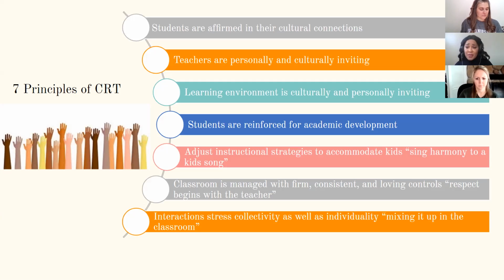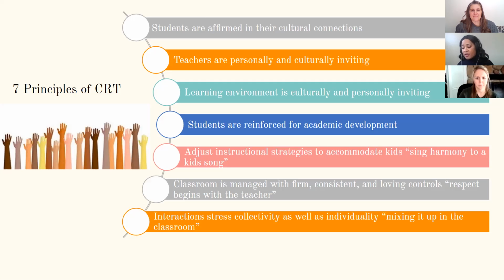3, the learning environment is culturally and personally inviting. So school looks like me, diversity is here, it's honored. 4, students are reinforced for academic development. So we're catching kids being smart, and adjusting instructional strategies to accommodate kids, like singing harmony to a kid's song.